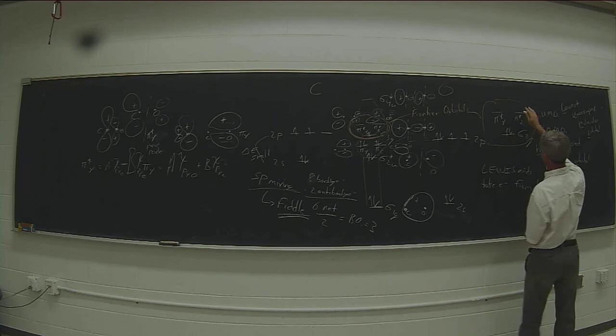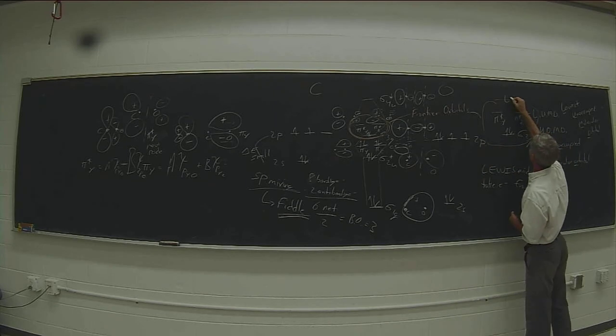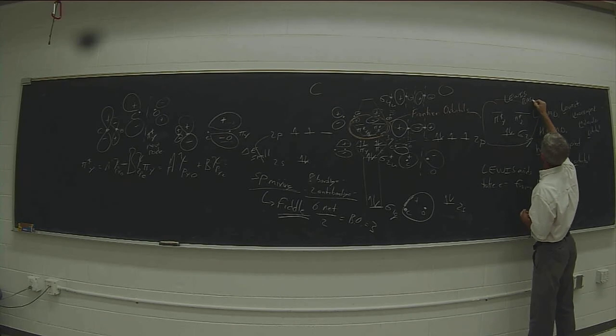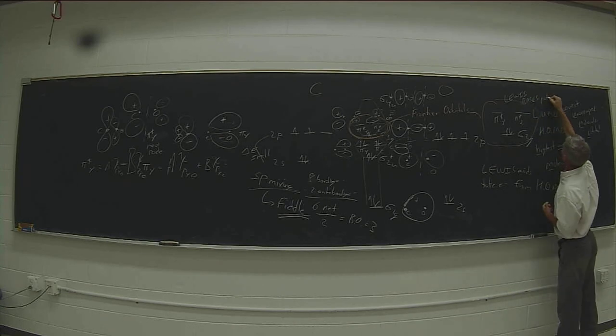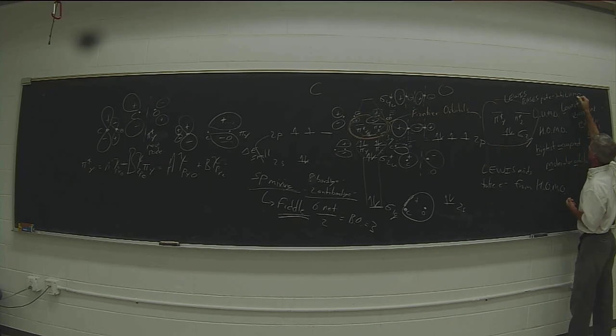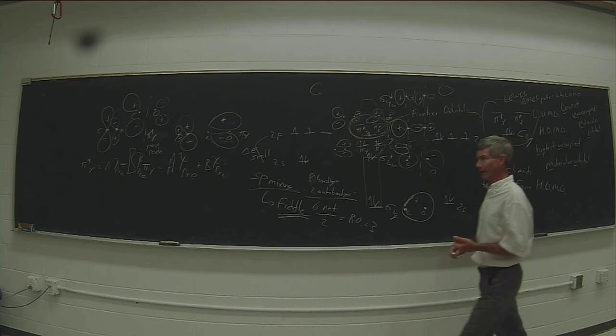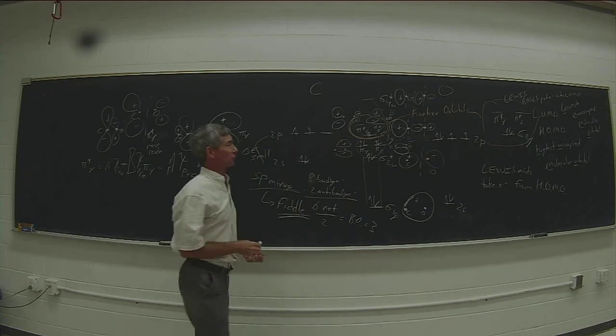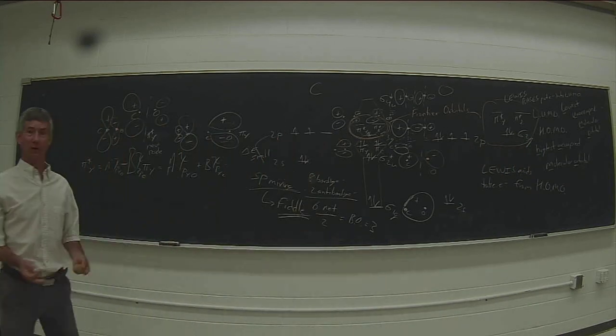Lewis bases put electrons into the LUMO. If you're looking to give electrons away, you're going to want to give those electrons away to the lowest energy orbital that's available to you.